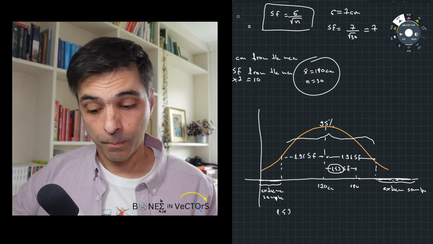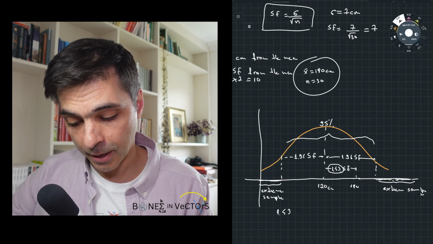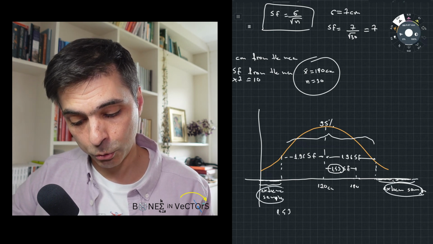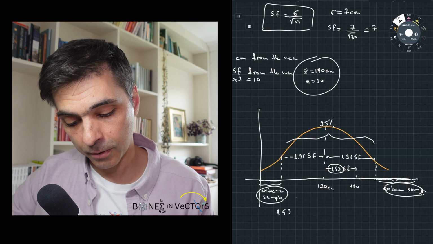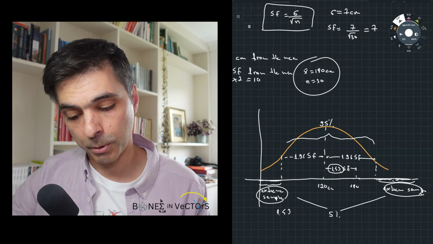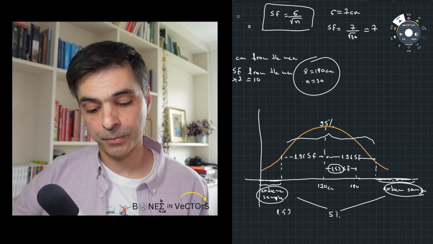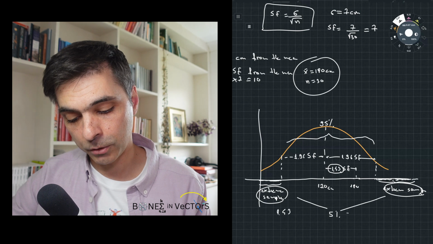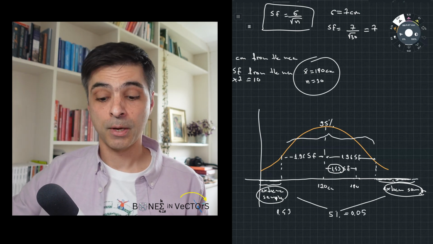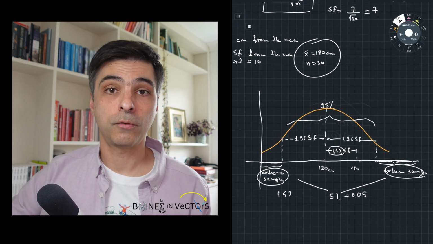We know that the probability of being here or here altogether is 5%, isn't it? Because the probability of being here is 95%. Or else the probability of being here is 0.05. So the probability of getting an extreme sample is 0.05.